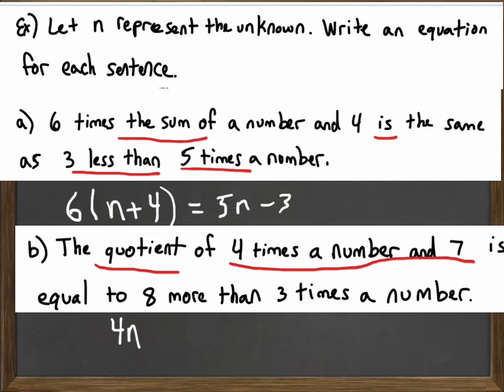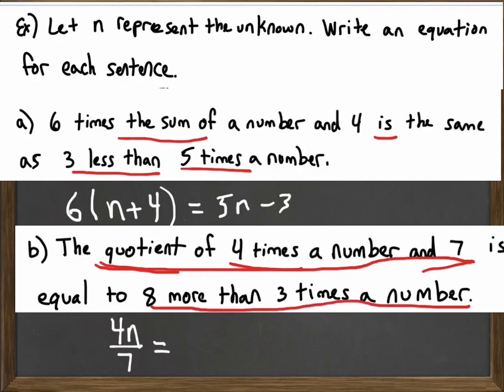So 4 times the number would be 4n. We want the fraction of that and 7. So 4n over 7 is the same as, so equals, or is equal to 8 more than 3 times the number. 8 more than 3 times the number.